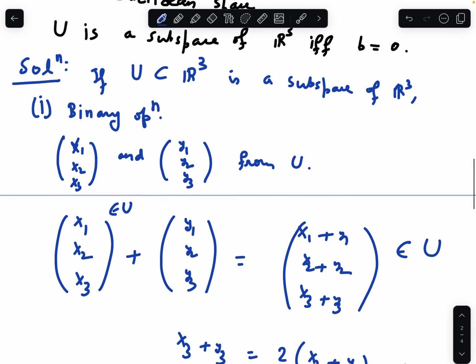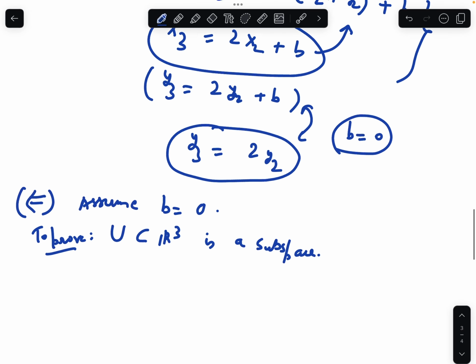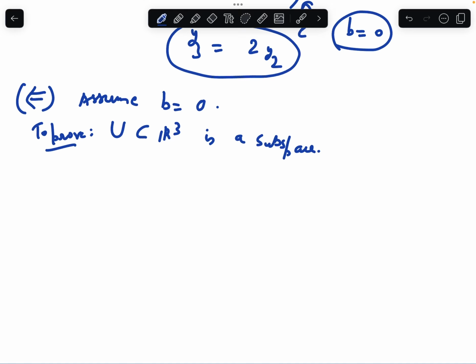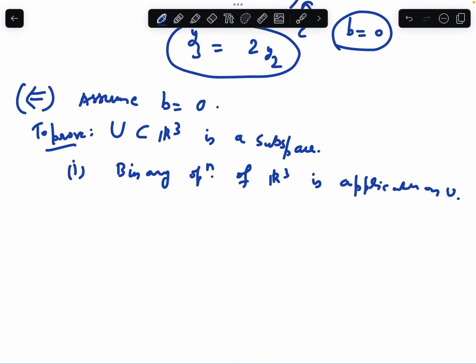First of all, we check the binary operation, and you can see that the binary operation on R3 is applicable on U. You can check that.